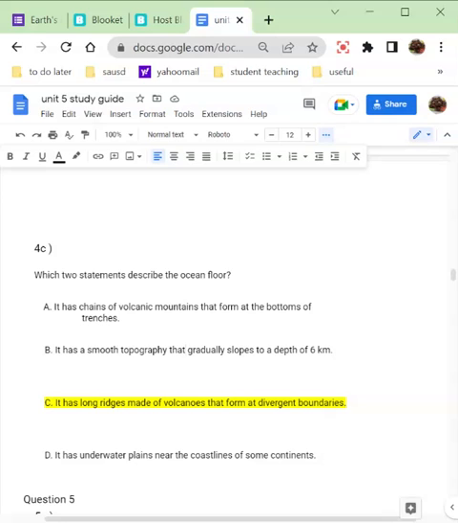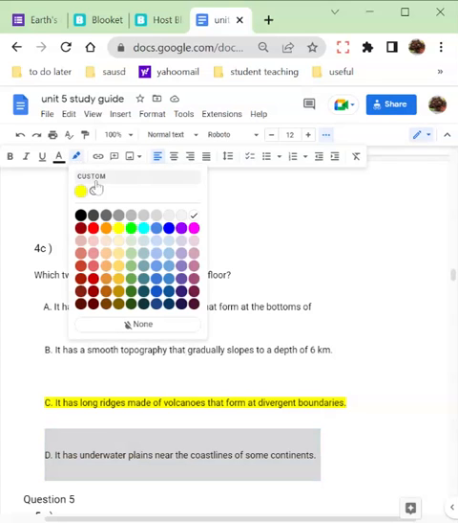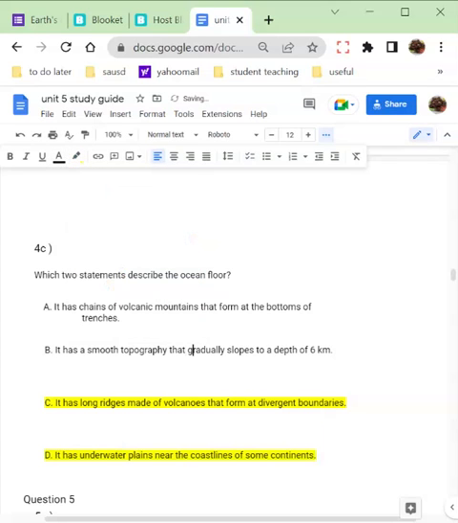And so there's underwater plains near the coastline of some continents. Not A, because there's chains of volcanoes and chains of mountains, but there's none that are like that.